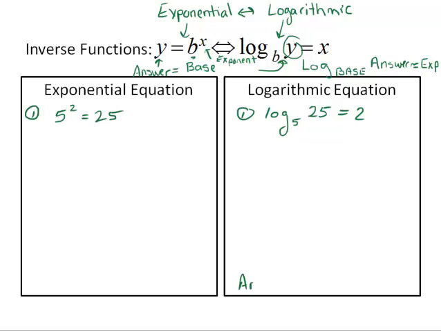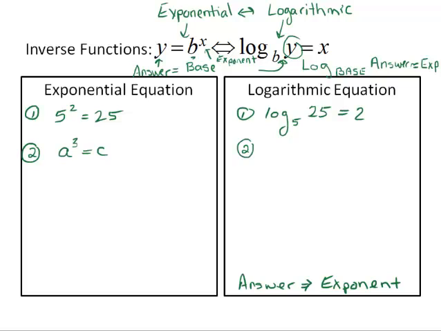So log base 5 of 25 is going to equal our exponent, or it's going to equal 2. So I'm really asking myself, 5 to what power would give me 25 when I'm asking you to evaluate the log base 5 of 25? So my answer would be 2. Okay? We want to just keep in mind our answer for any log is going to be the exponent.